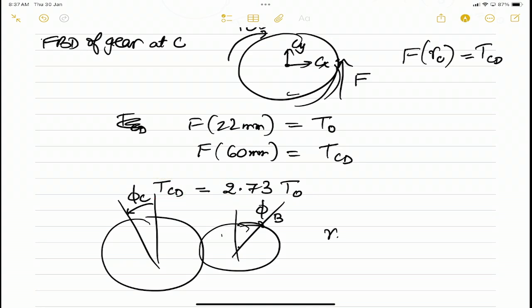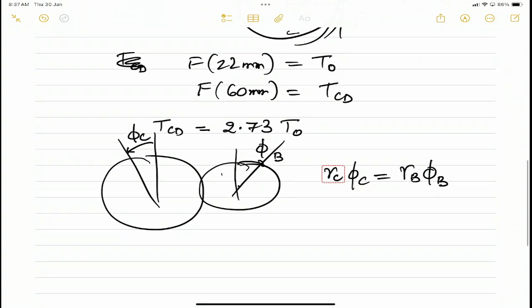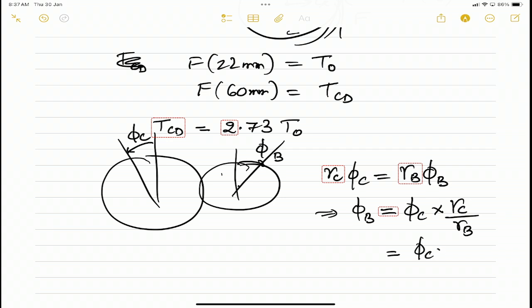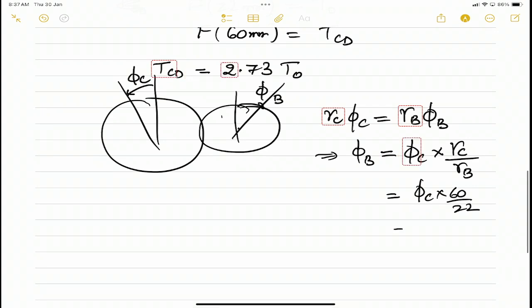So now here we get RC times phi c is equal to RB times phi b. So this will give us phi b is equal to phi c into RC upon RB. So this will be equal to phi c into 60 upon 22, and we'll get actually the same number, 2.73 phi c is equal to phi b.